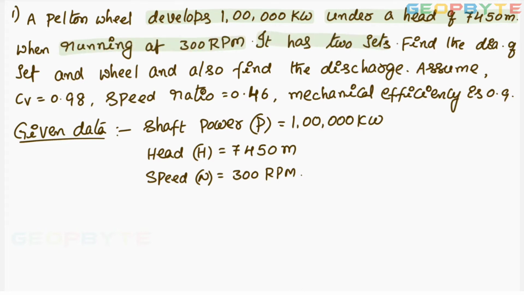It has two jets. Number of jets, let it be n equal to 2. Find the diameter of the jet and wheel and also find the discharge.